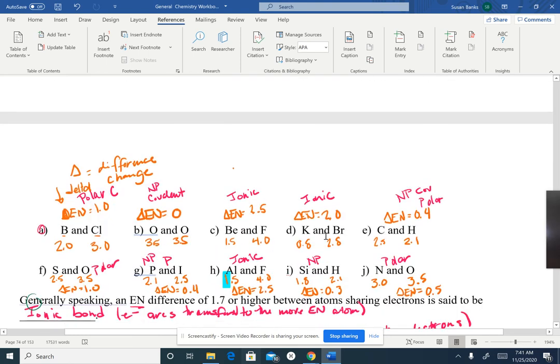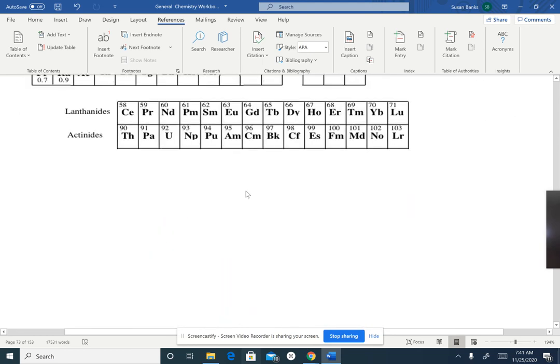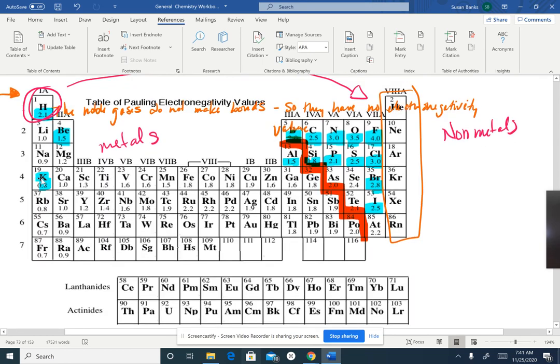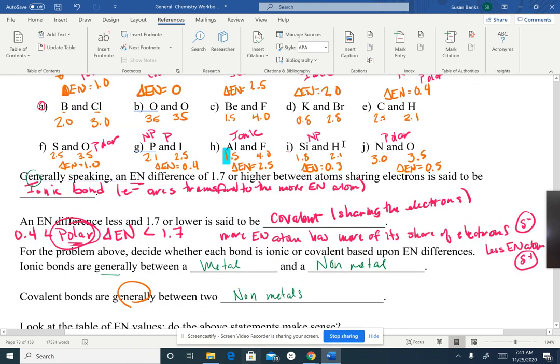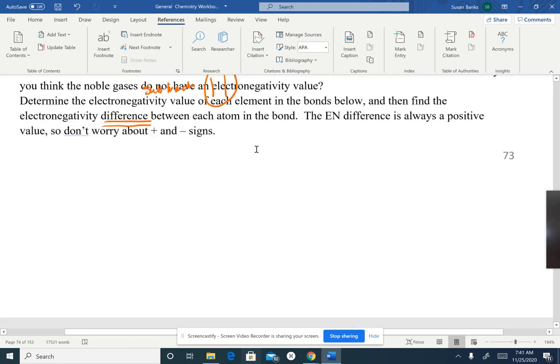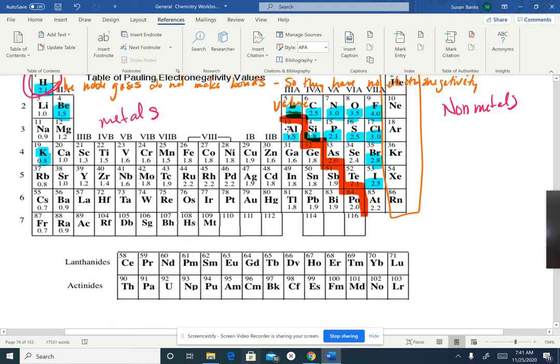And then K, potassium and bromine. We definitely have a metal here, potassium, to a bromine, nonmetal. And then our last ionic one, we have aluminum bound to fluorine. So let's check that one. Yep, aluminum's right there on the edge, but it's still a metal bound to fluorine, which is a nonmetal.